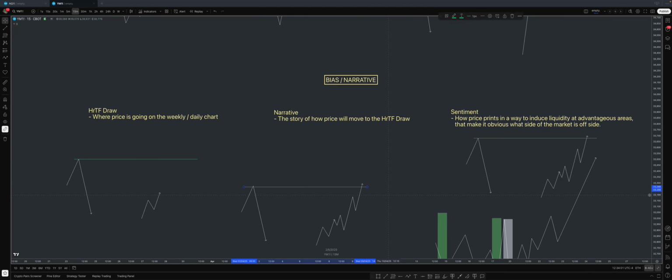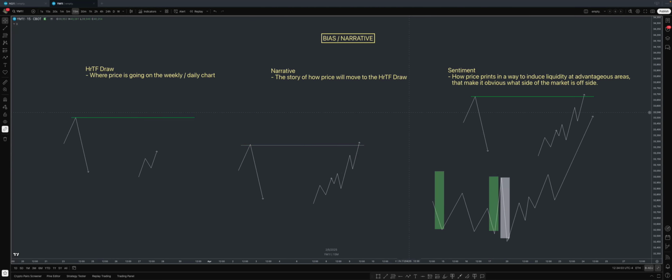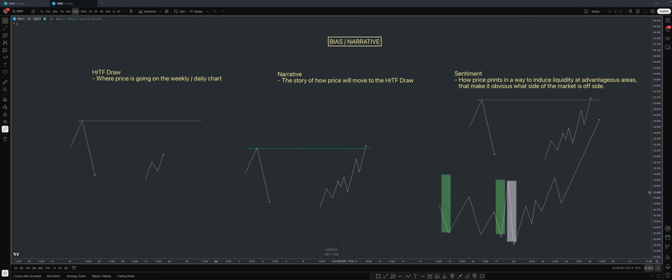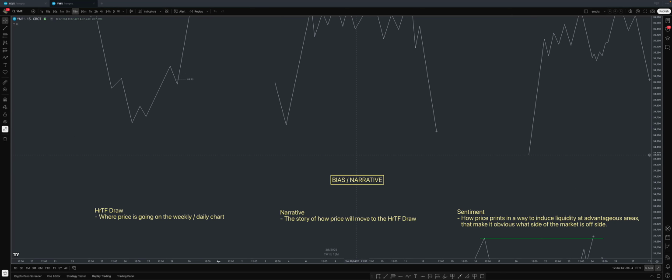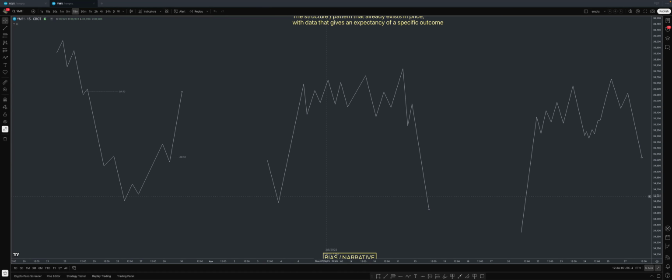Then we go to the bias and narrative, and we want to see how the framework fits in with the bias and narrative. How that would work, for example, is let's say on this day we engineer this low, rally high, and then take out that low. So maybe we're bullish on the higher time frame, but then we get this pattern.